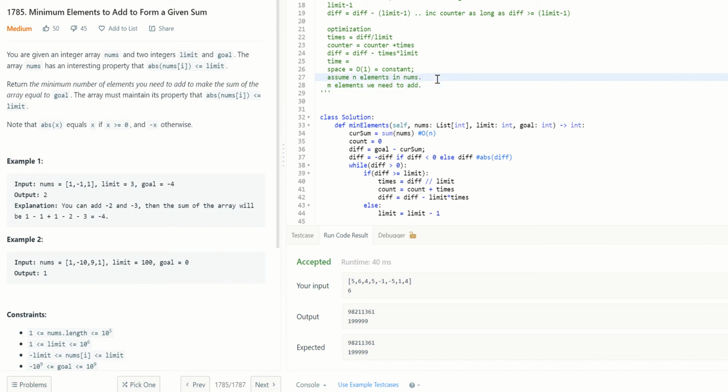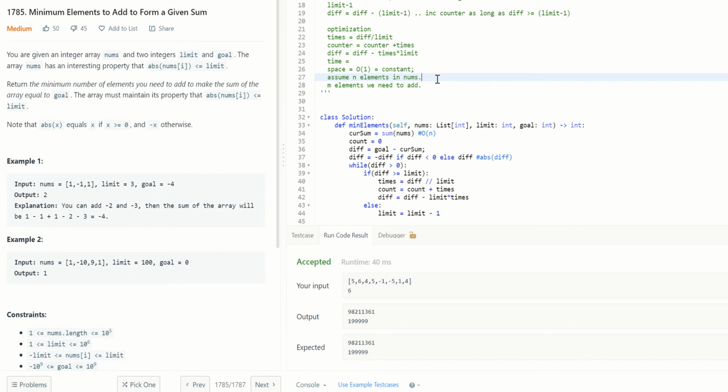In that sense, what we will say is order of m, because m is unknown and we cannot specifically derive it from here. We will say order of m, where m would be the minimum number of elements that we are trying to add. So that is the upper limit.